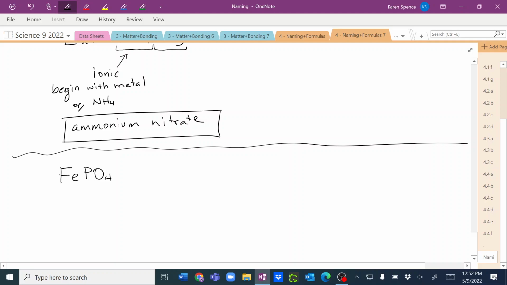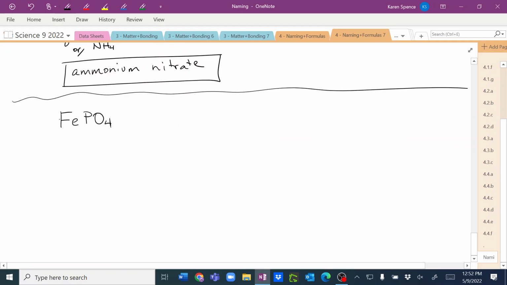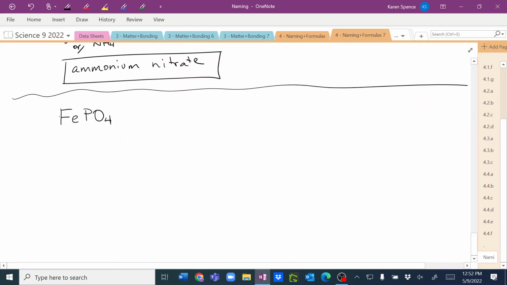FePO4. Is that ionic or covalent? Ionic because iron is a metal. So this is iron. Does iron need a Roman numeral?